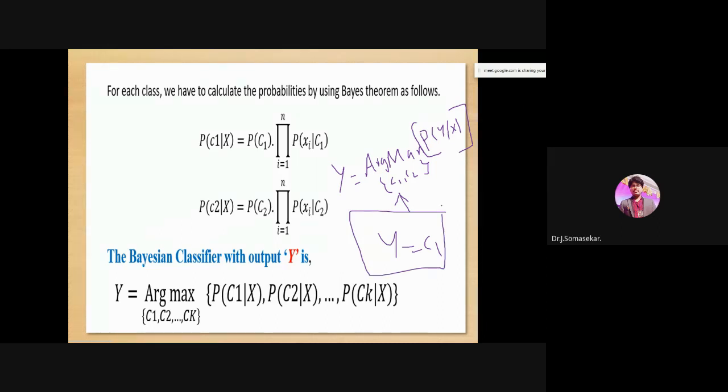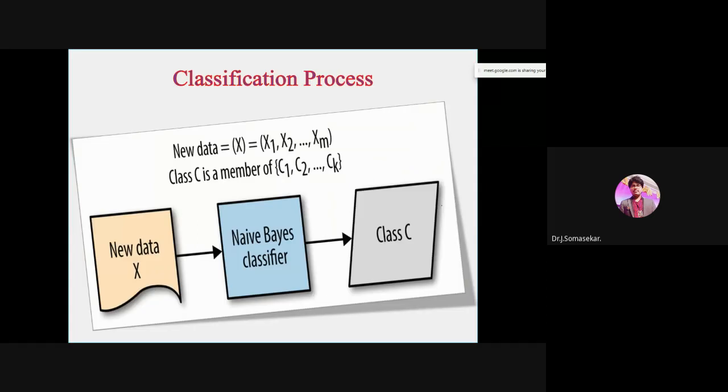Now we will see how we are going to apply this to our data set, and based on that, how we classify the given data, in various applications. This is the basic classification process.